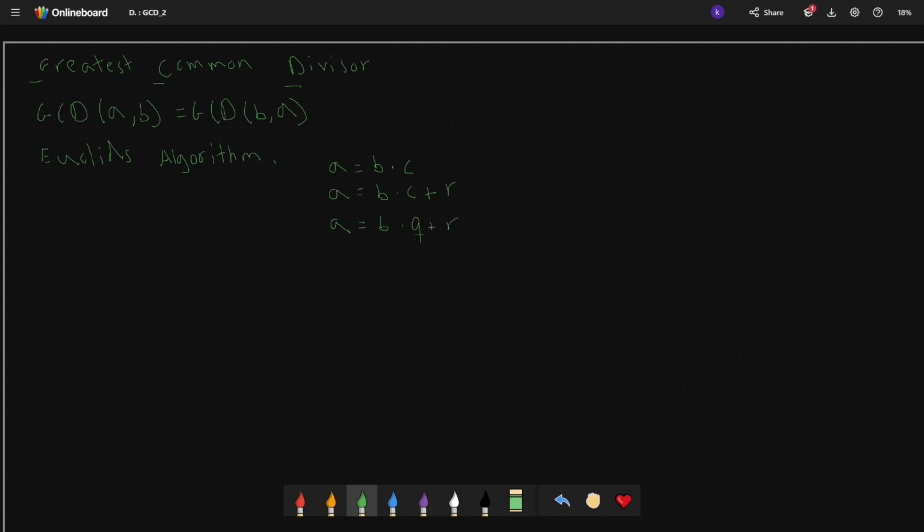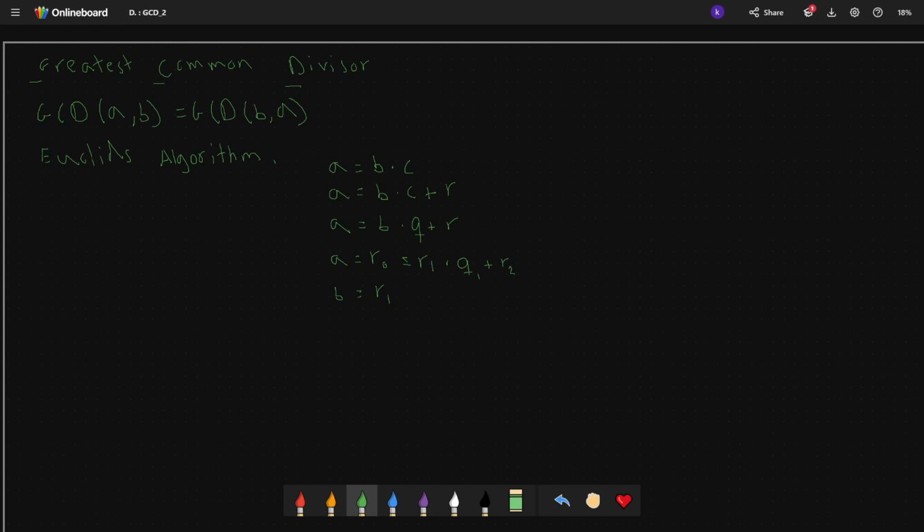In Euclid's algorithm, we start out by assigning a to a value called remainder 0. And then we assign b to be remainder 1. And then we express remainder 0 in terms of remainder 1. So we write remainder 0 is equal to remainder 1 multiplied by quotient 1 plus remainder 2.